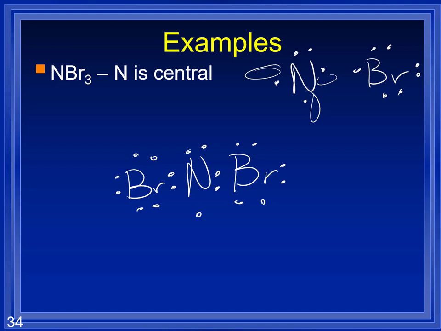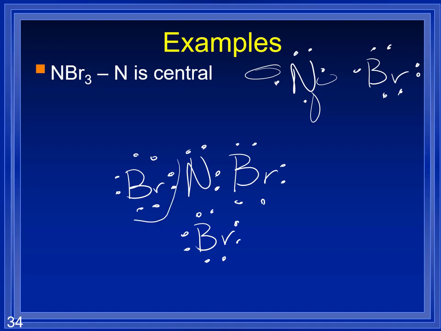And that Br now has 8 because it shared 1 from nitrogen. I have to put Br3. Everybody tell where the third Br is going? At the bottom, yeah, there's not much choice, is there? 1, 2, 3, 4, 5, 6, 7.